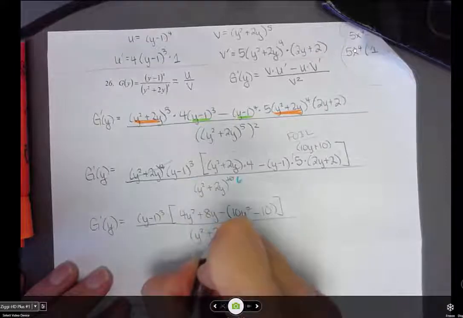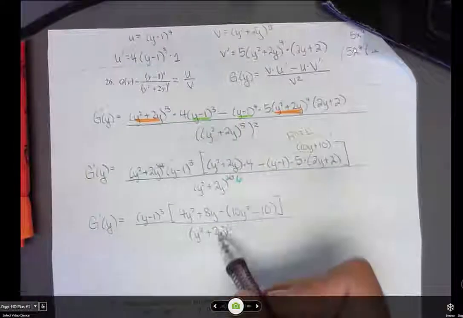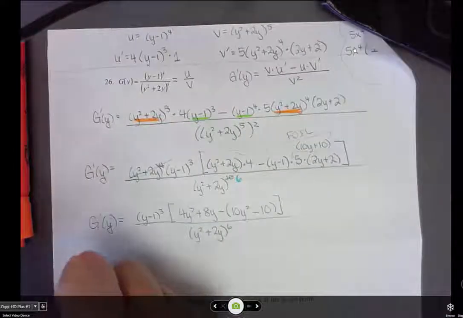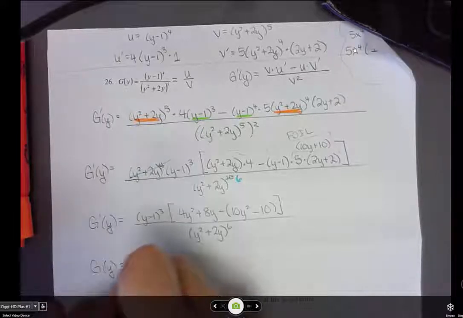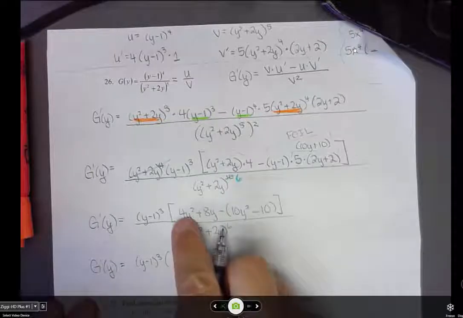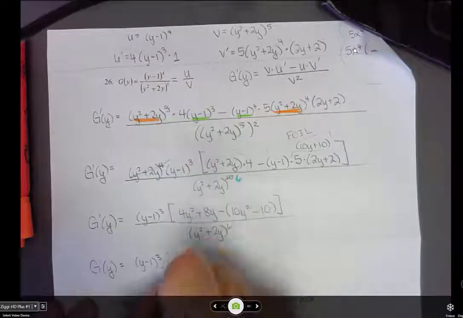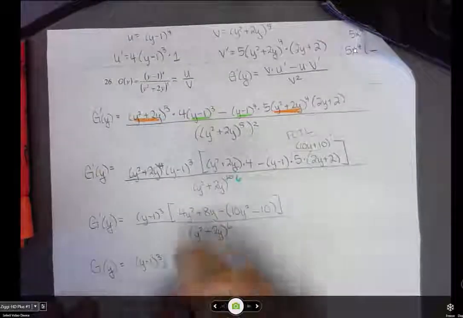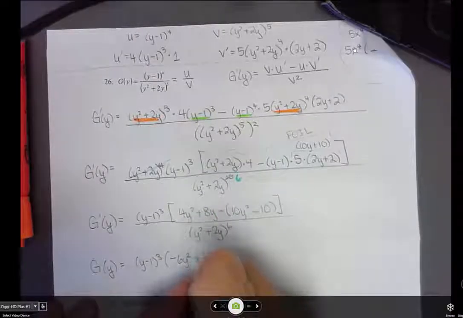And then just think of distributing the negative and combining like terms. So 4y squared minus 10y squared would be negative 6y squared. Plus 8y minus negative 10.